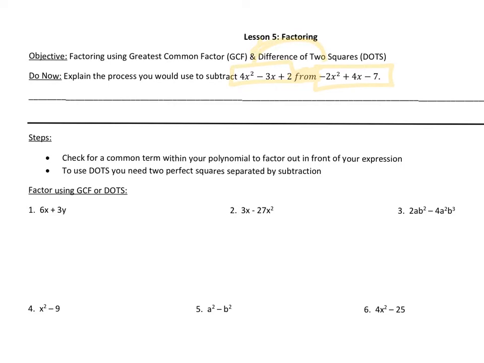Okay, so I would say that I would put negative 2x squared plus 4x minus 7 first in my subtraction problem.